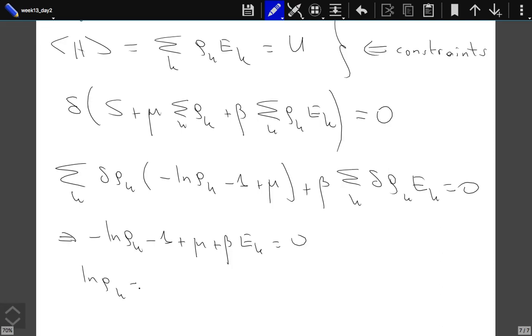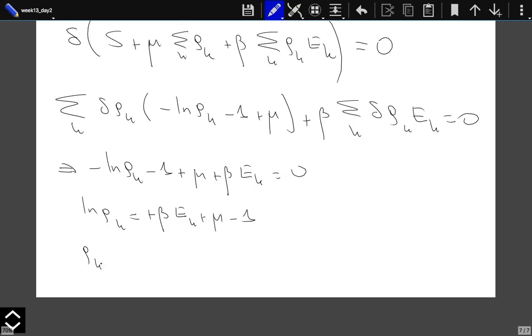The logarithm of rho k should be equal to minus beta E k plus mu minus 1, or rho k is equal to e to the power of minus beta E k divided by some normalization. Mu and 1, they are just constants. Let's call that z.